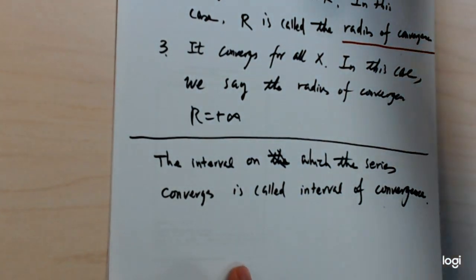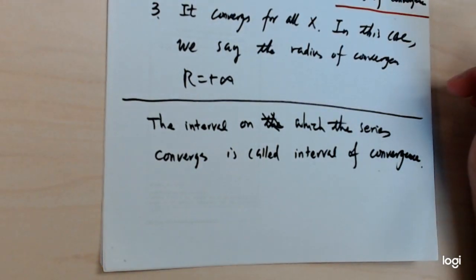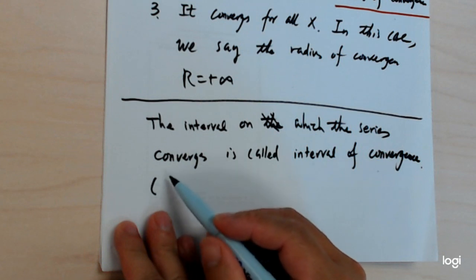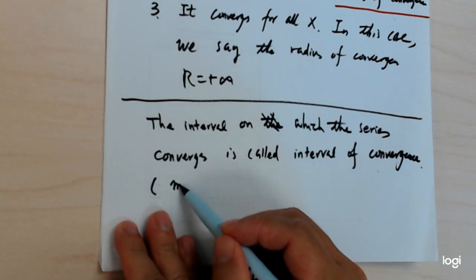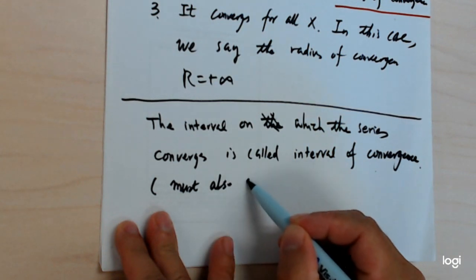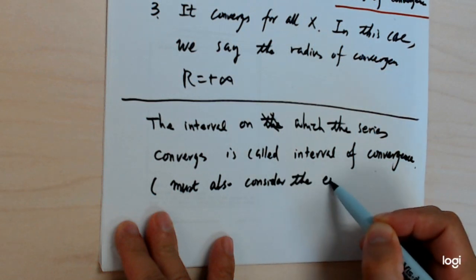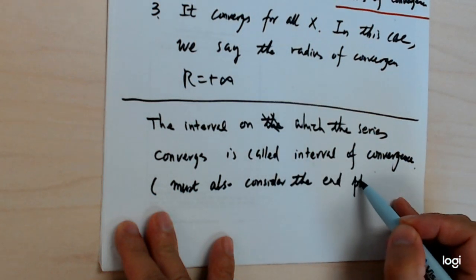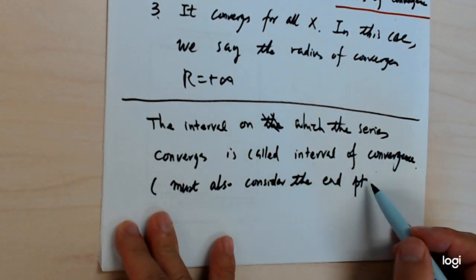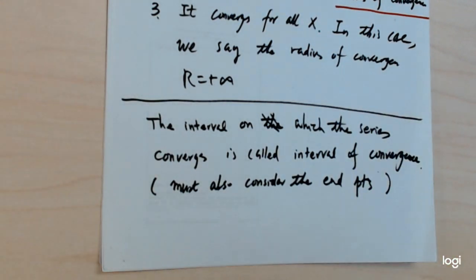We already did this in the previous example, where we found out where this series converges. That interval is called the interval of convergence. And we want to remind you, you must also consider the endpoints, because that's where the ratio test or root test fails. So you must consider the endpoints separately.